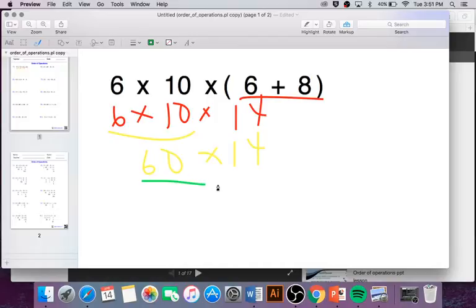Okay, now we only have one operation, so we're going to do 60 times 14. And 60 times 14 is 840.